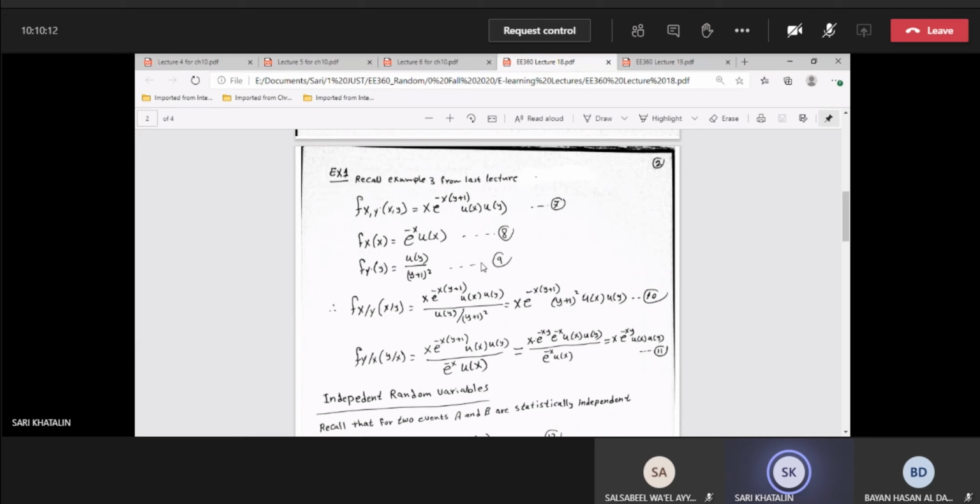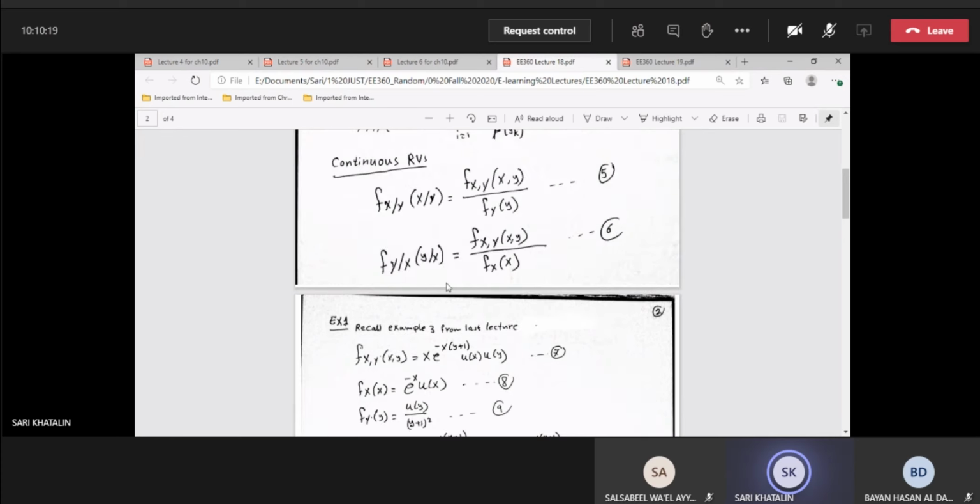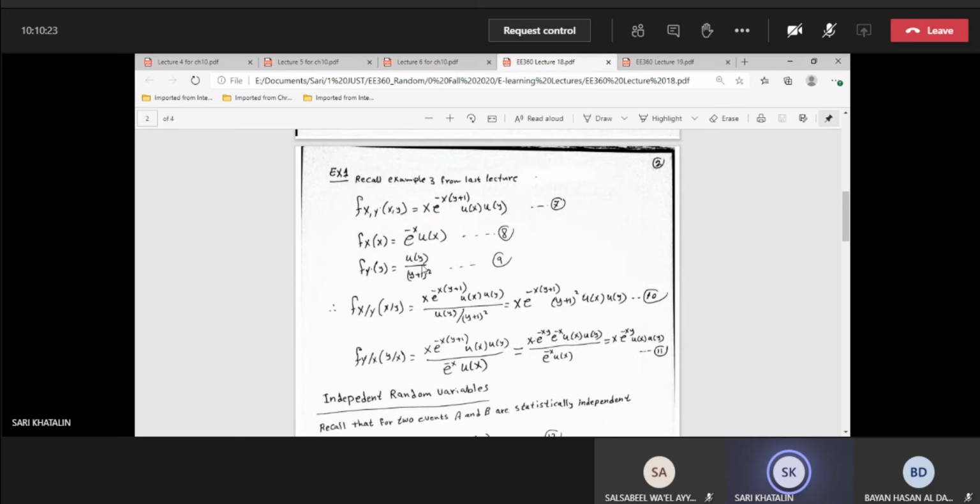From there, we need to find the conditional PDF of X given Y and the PDF of Y given X, just by applying equations 5 and 6. This is the joint PDF divided by, in this case, the marginal PDF of Y. After you do the simple math here, you will end up with equation 10.